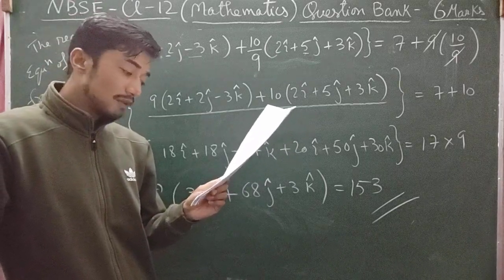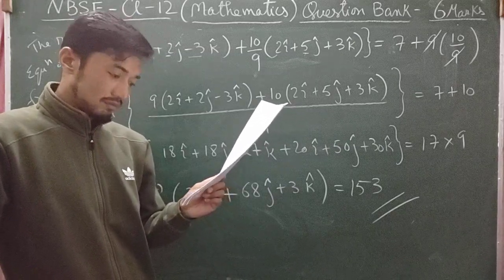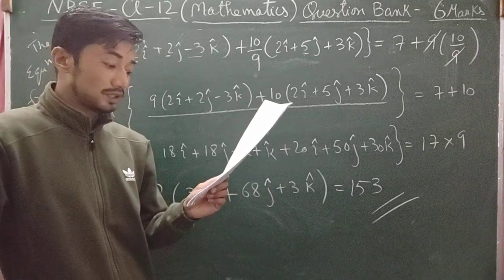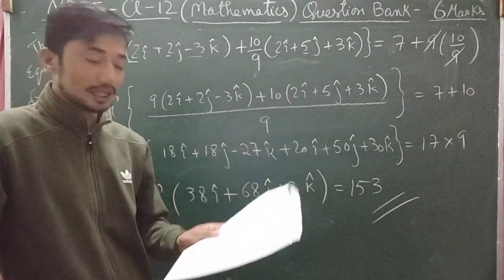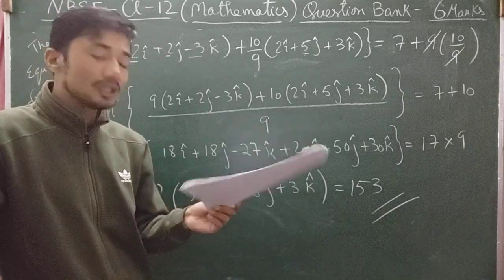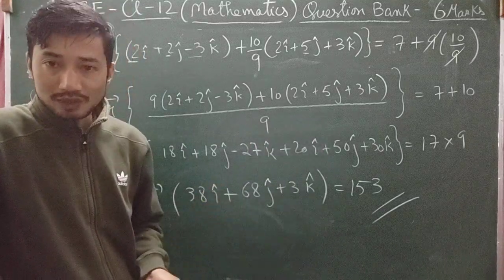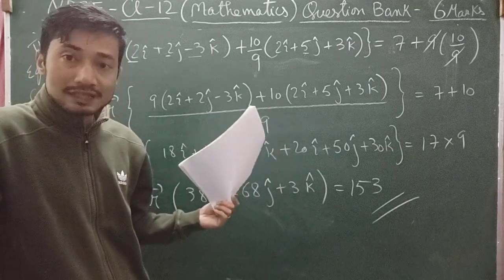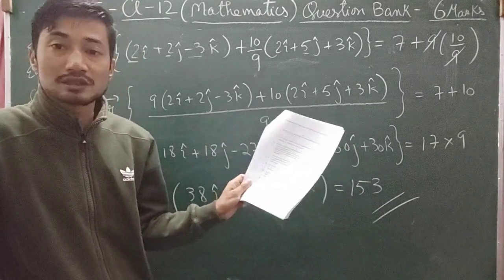And 8b, same: find the vector equation of the plane passing through the intersection of this plane and that plane, and passes through the point 1, 1, 1. It's exactly the same as question number 7, just that the vectors are different and the numbers are going to be different. I guess you can also manage. That will be good practice for you.